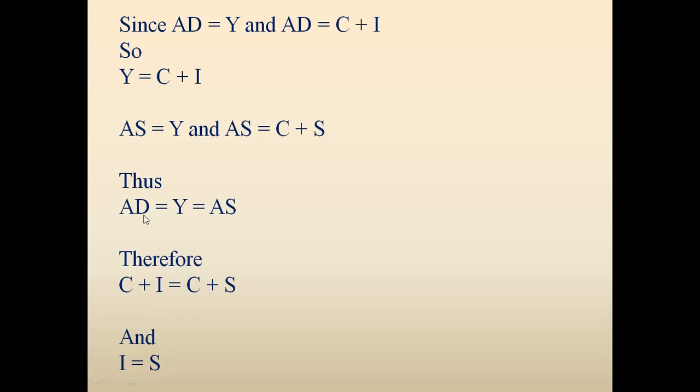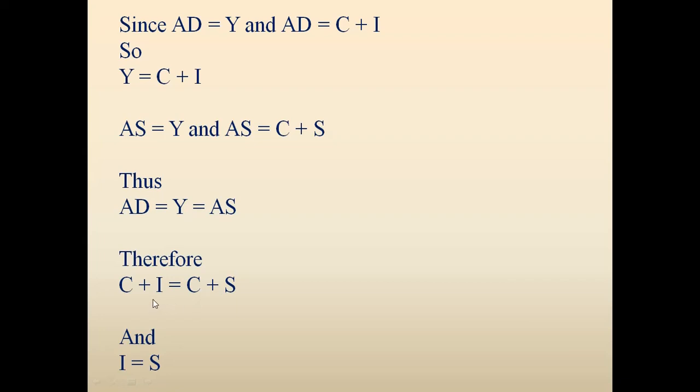We already know that your AD or Y, whatever you want to say, is equal to C plus I, and your AS or Y is equal to C plus S. So if we want to derive this, then this C and this C will negate each other.